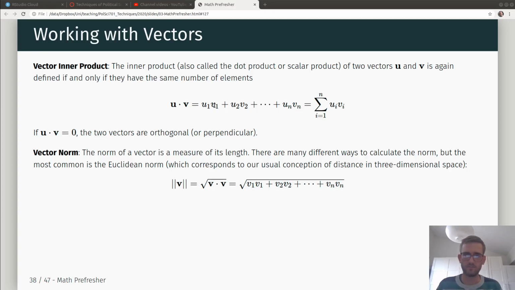There are a lot of different ways to calculate the norm, but the most common one is the Euclidean norm, which ultimately corresponds to our usual conception of distance in a three-dimensional space.